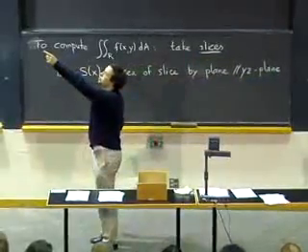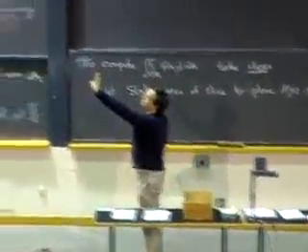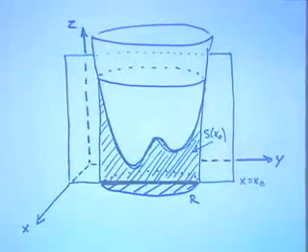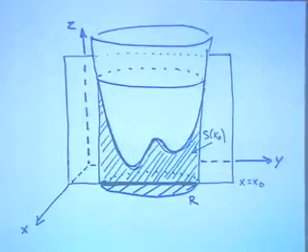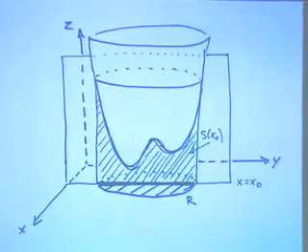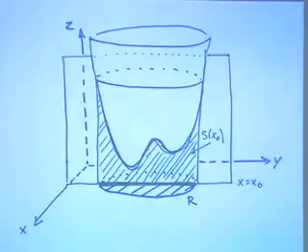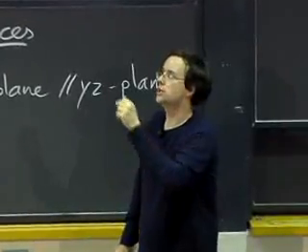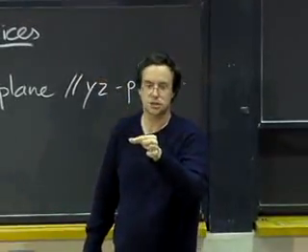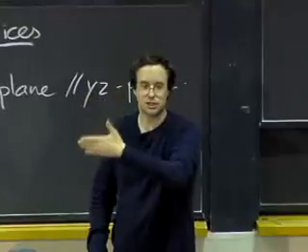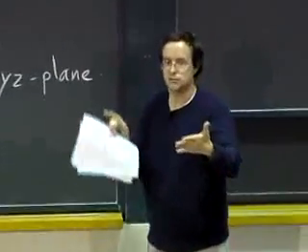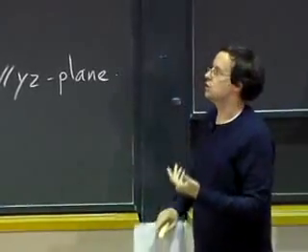On the picture, S of x is just the area of this thing in the vertical wall. Now, if you sum all of these, why does that work? If you take the region between two parallel slices that are very close to each other, the volume between them is essentially S of x times the thickness of this very thin slice, and the thickness would be delta x, or dx if you take a limit with more and more slices.